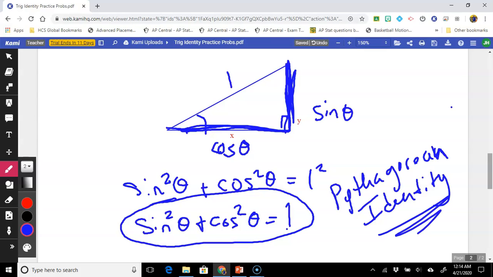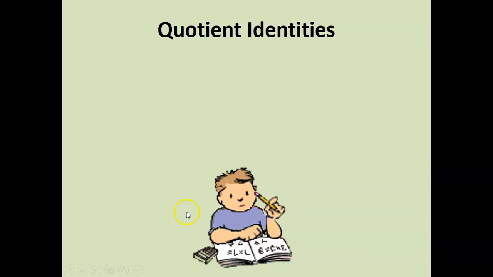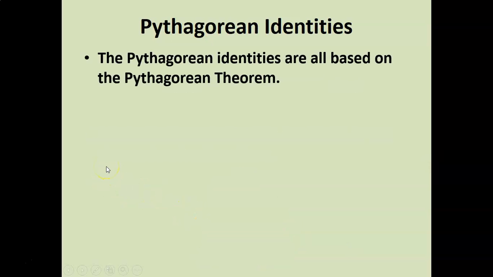And it's a very important rule that we can apply through a lot of ideas, and we can use it to relate a lot of concepts that we have in dealing with the trigonometric functions. So Pythagorean identities are all based on this concept of the Pythagorean theorem.